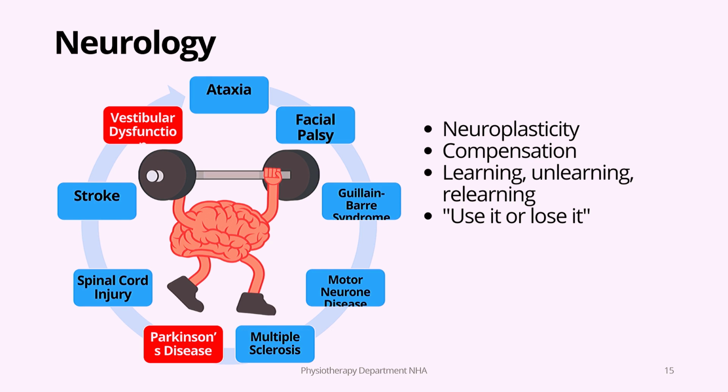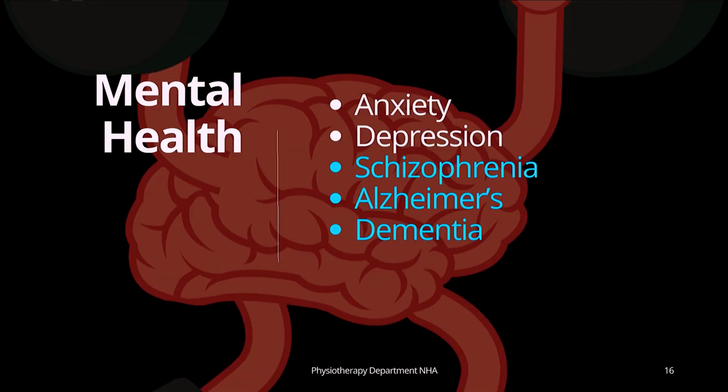So by this, I'm reiterating the importance of early referrals for all patients that require physiotherapy, because we operate on the principle of use it or lose it. Whatever function you have, whatever you have learned, if you do not practice it well enough, following the principle of repetition, you are liable to lose that function. Right?